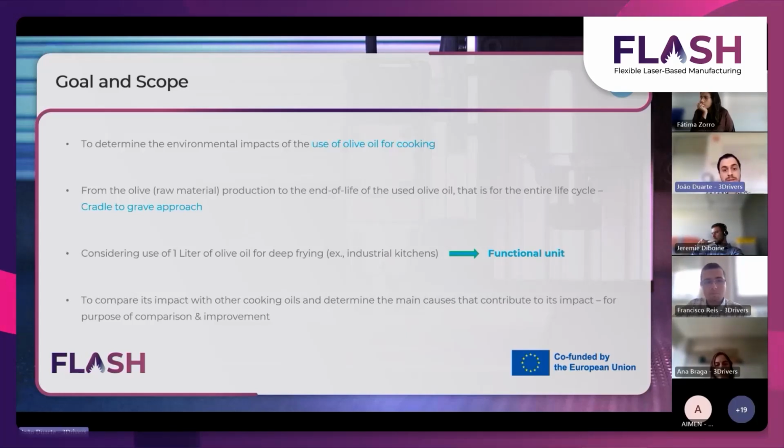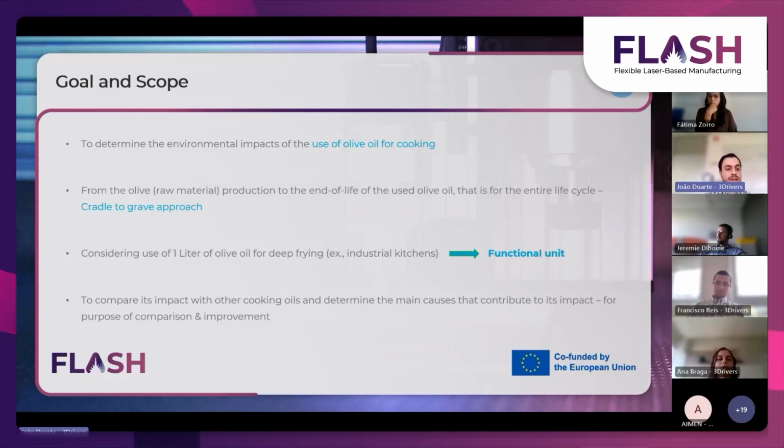Because we are looking at the complete life cycle of the olive oil, we want to establish a functional unit which will be used to compare all the results and establish the values that will be collected for the inventory. We need to establish a functional unit that characterizes the whole system.